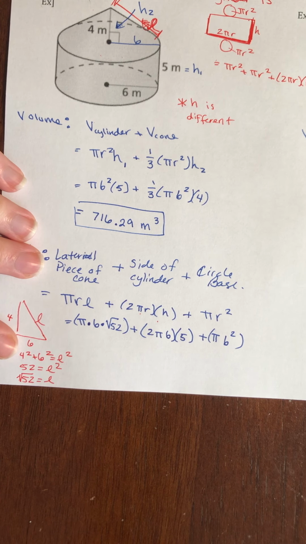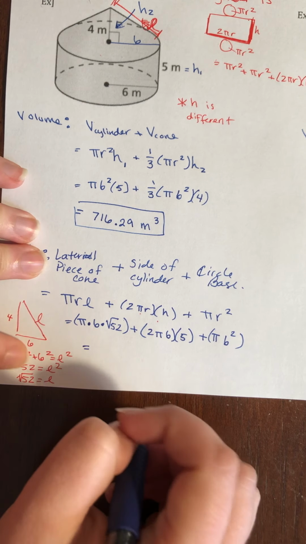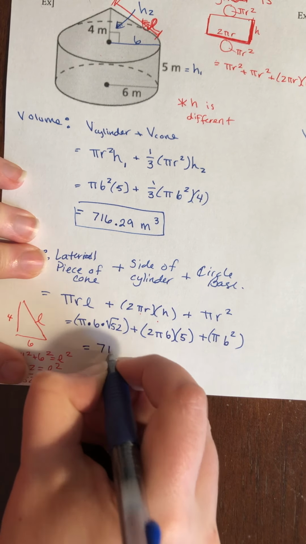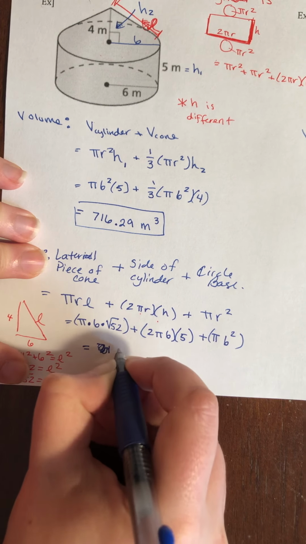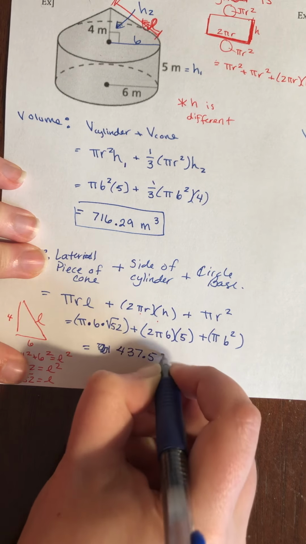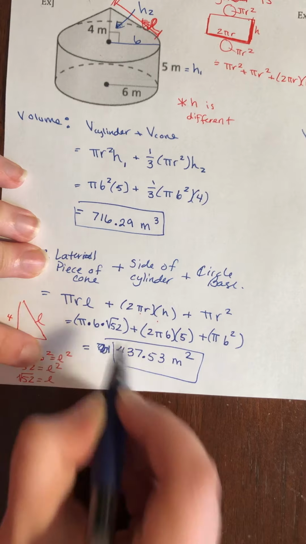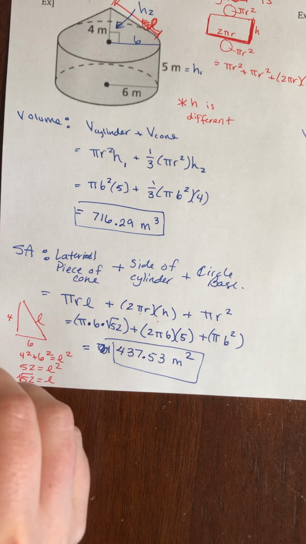That's a really tricky one, but I believe in you. That should give you 437.53 meters squared. So it's meters squared because now it's area. We're doing the surface area on the outside.